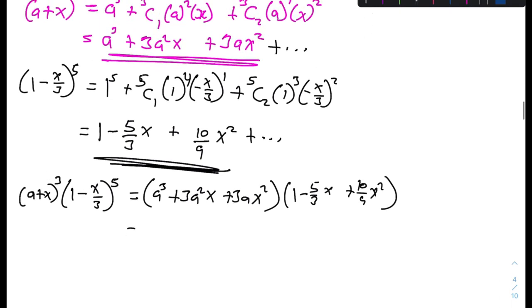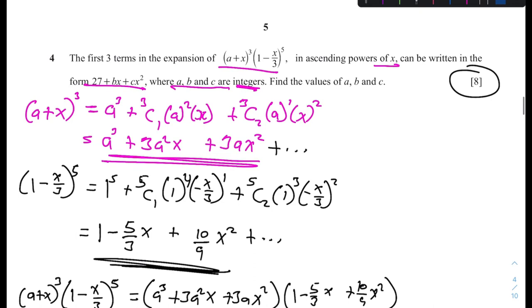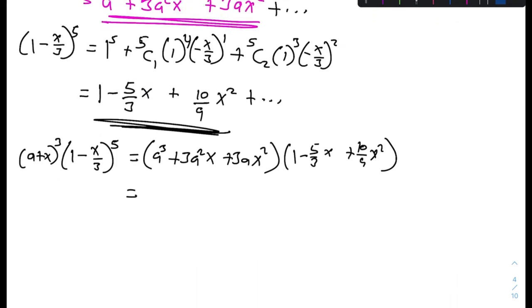All right, if we are to expand this, just pay attention to what they gave us. The highest degree of x is 2. So we are not going to go to the cubics, we will end at the quadratics.